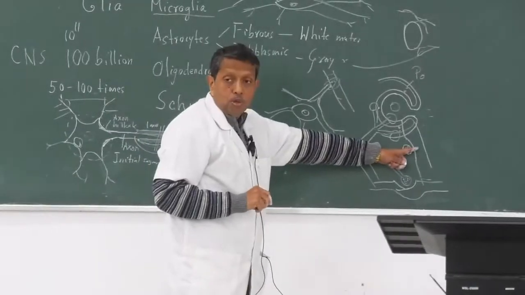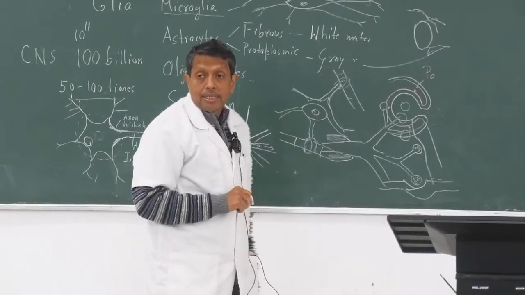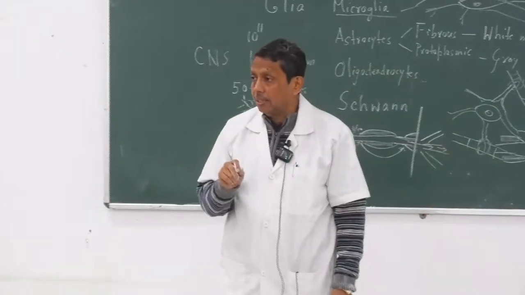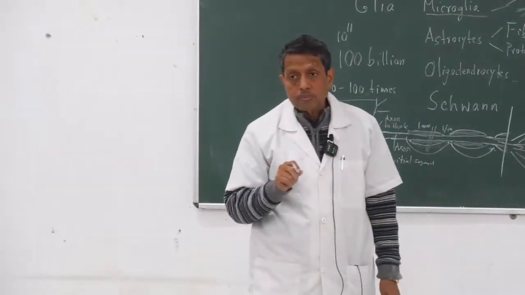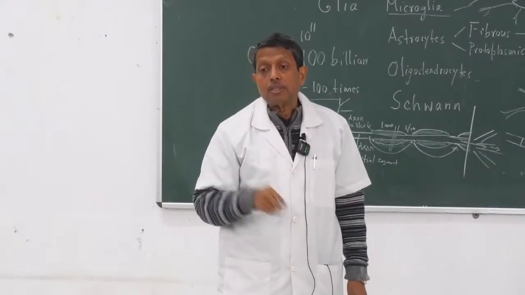And for this reason, the neurotrophins that are produced are carried by retrograde transport. Even disease-producing viruses can be carried in this way, in the retrograde direction, from the periphery to the cell body.